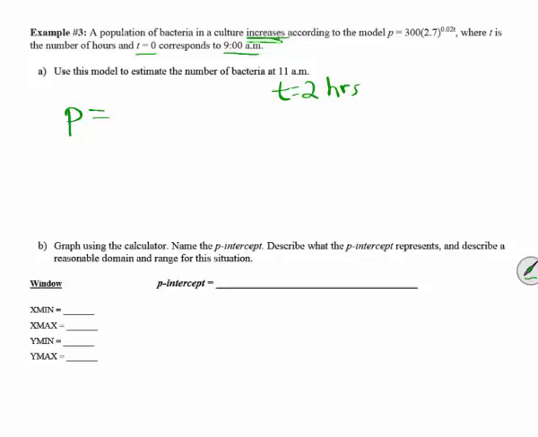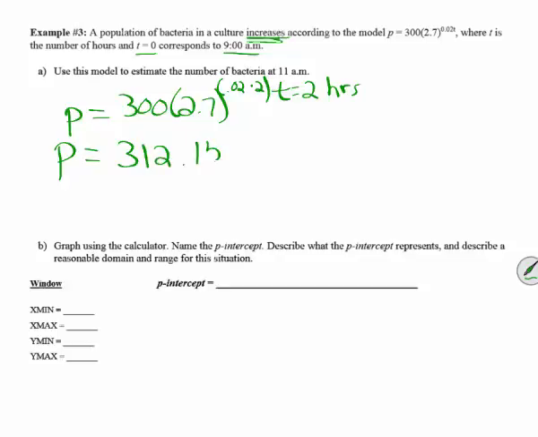So doing the math, 300 times 2.7 times 0.02 times 2. So again, that's going to have to go in parentheses. I forgot to write the equation, sorry. When you do that, you get 312.1589601. But again, you can't have part of a bacteria, even as small as they are, so 312.